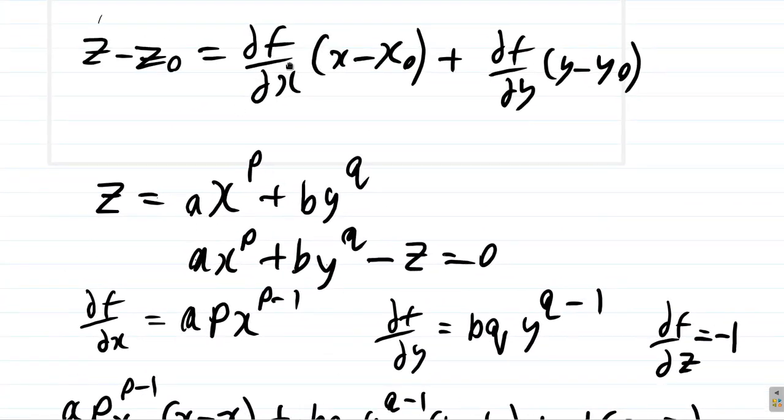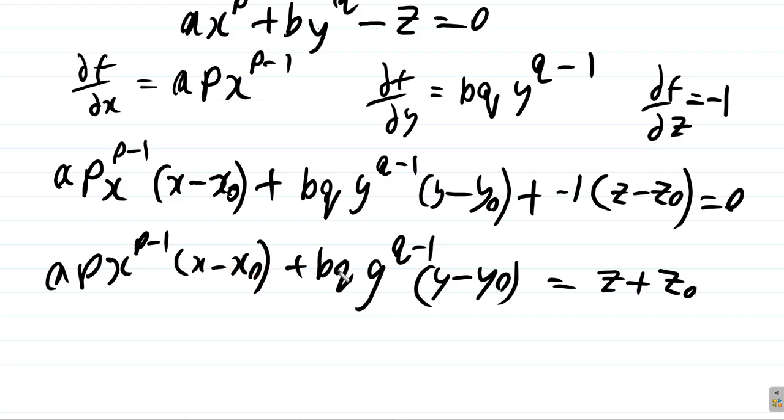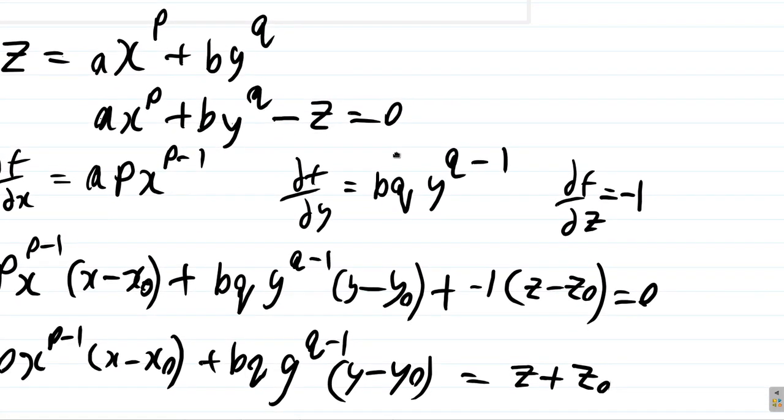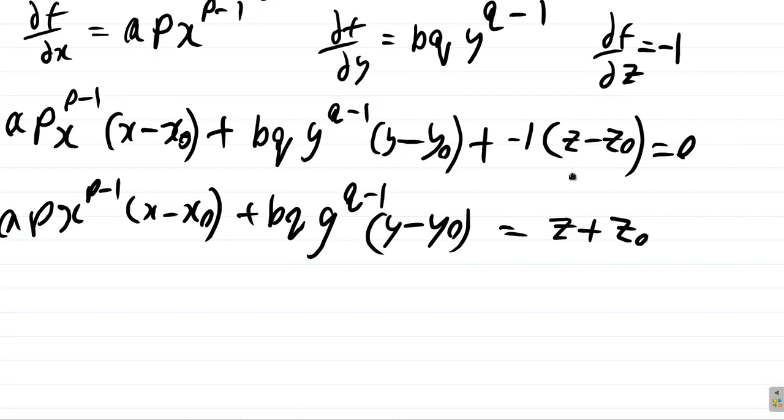You have delta f by delta x, x minus x naught, plus delta f by delta y, y minus y naught equals z plus z naught. Hold on, give me a minute there. Oh, I made a mistake earlier.